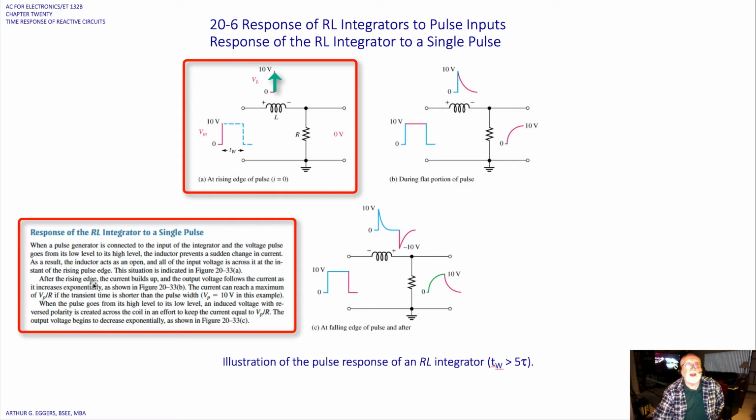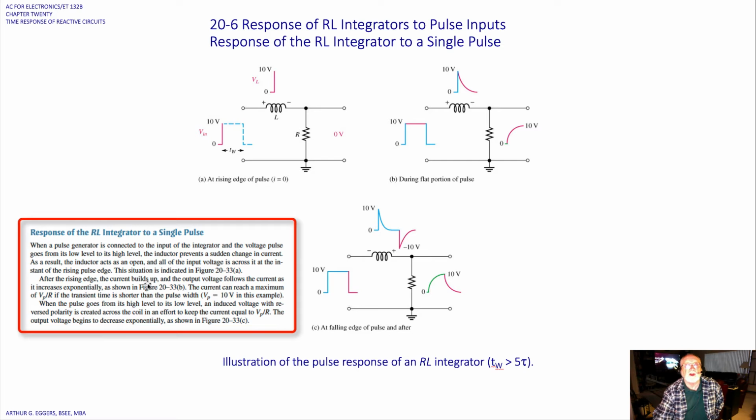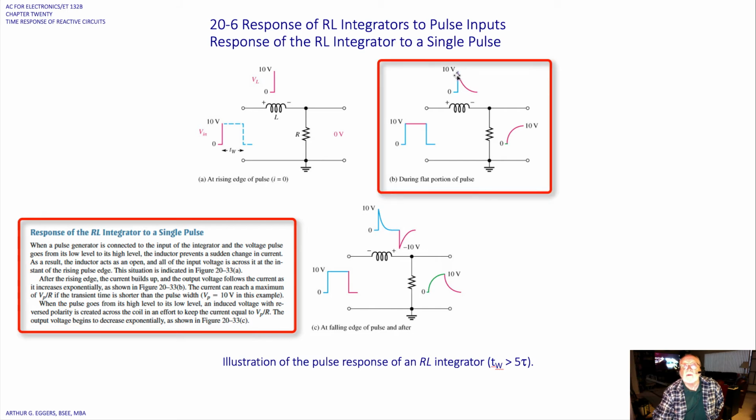After the rising edge, the current builds up, and the output voltage follows the current as it increases exponentially, as we can see here in B. So we're on the flat part of the curve here, the pulse width, and the current is pretty much being choked off, and we see the exponential decline in the voltage across the inductor.